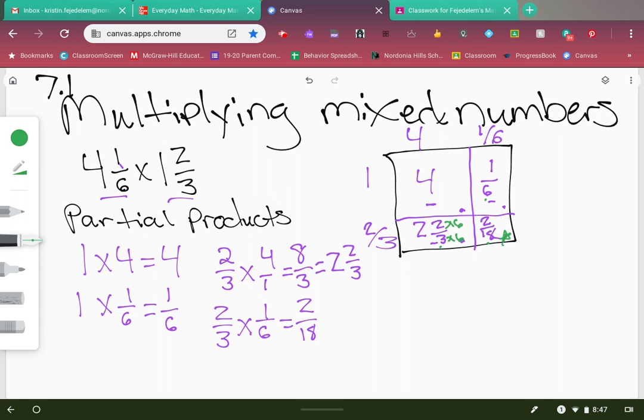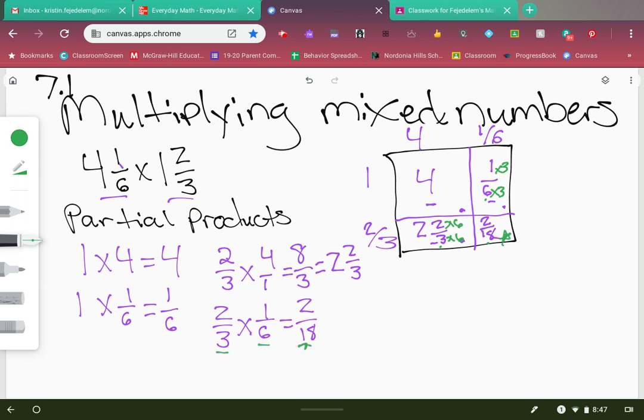And if I multiply 6 by 3, I get 18. So the reason that this corner box is going to be your common denominator always, always, always is because, look, you're multiplying 3 and 6 together. That gets you your common denominator.